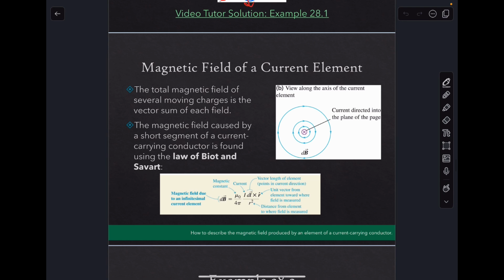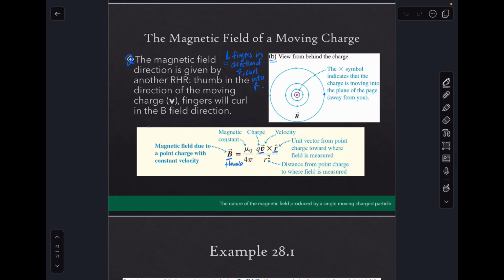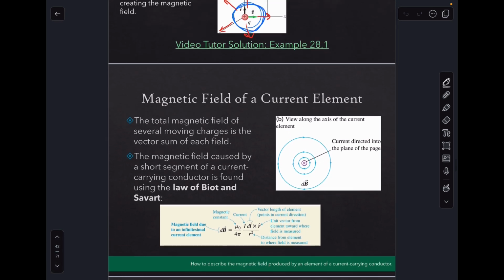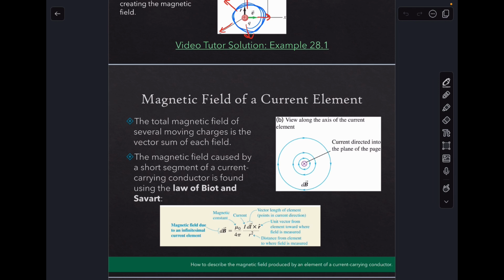Let's extend that equation that has no name. This one right here, the magnetic field due to a point charge with constant velocity. We're going to extend that to a small piece of wire segment carrying a current, okay?